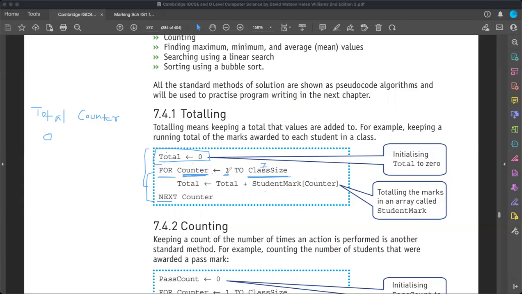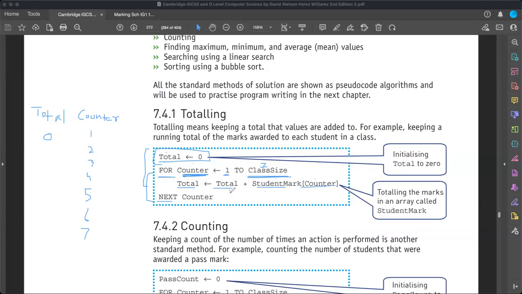Because it's 1 to 7. Our loop will iterate 7 times, isn't it? Okay, now total is equal to total plus student marks with counter.